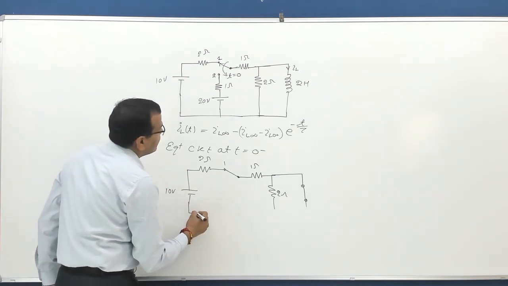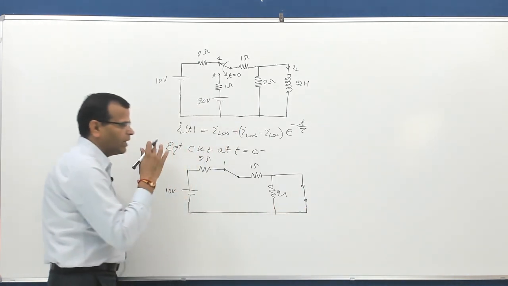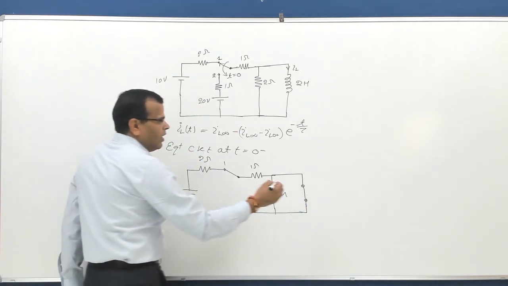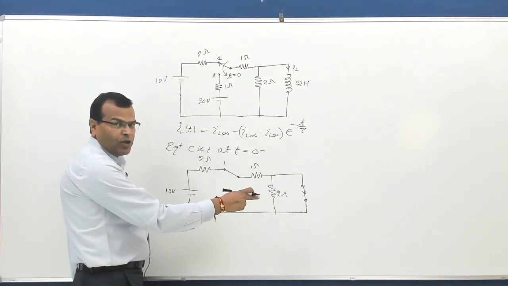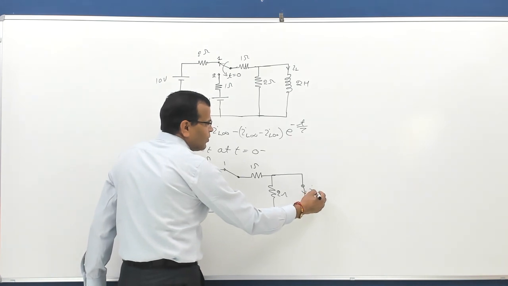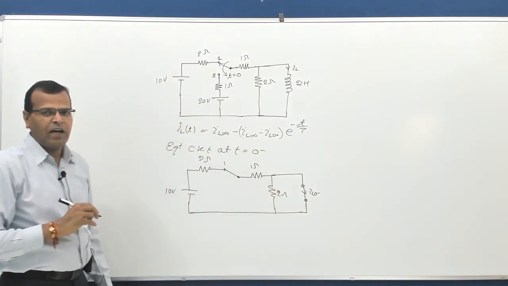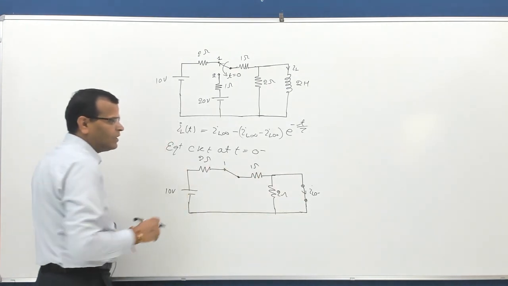So, the equivalent circuit for t equal to 0 minus will be like this. Now, the current through the inductor, of course, this is the inductor, but behaving like a short circuit, at t equal to 0 minus will be IL 0 minus. Now, you have to find this current.